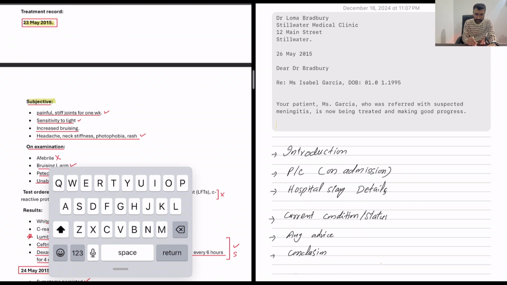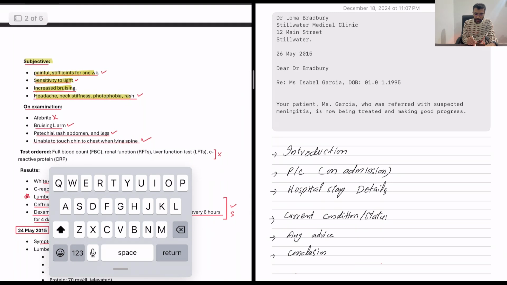Subjective: painful stiff joints for 1 week, sensitive to light, increased bruising, headache, neck stiffness, photophobia, rash. On examination, the patient was afebrile, we won't write that. Then bruising on the left arm, petechial rash on the abdomen and legs, unable to touch chin to the chest when lying supine. So we'll write all of them.